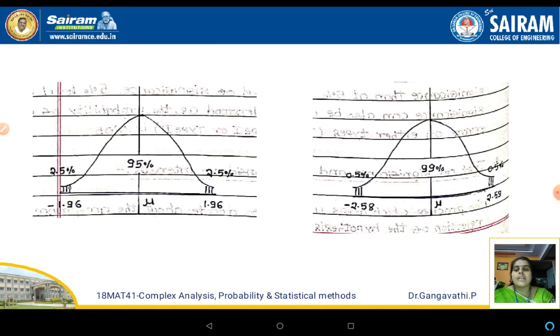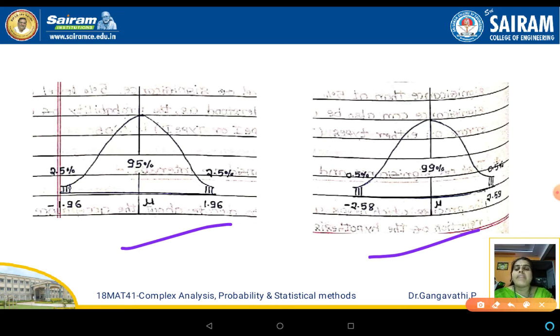Look at this curve. Whatever we have explained in a theoretical way is also explained through the graph. The first graph is all about the 95% level, and this one is about 99%. You can look at the values of the normal variate that has been calculated, and the normal distribution is always a bell-shaped curve, as shown in graph 1 and graph 2.